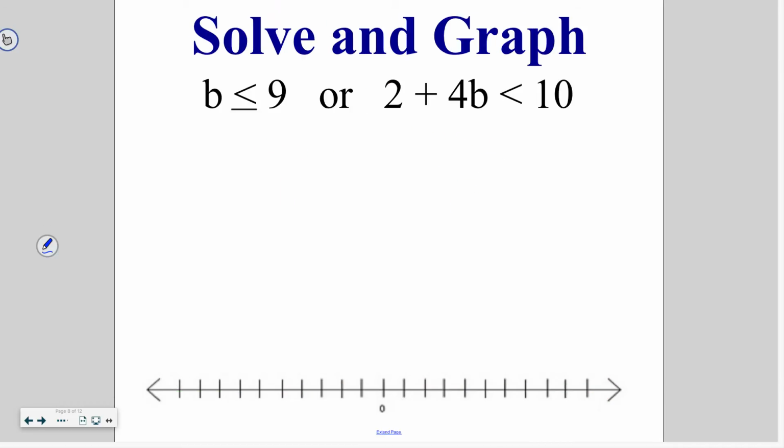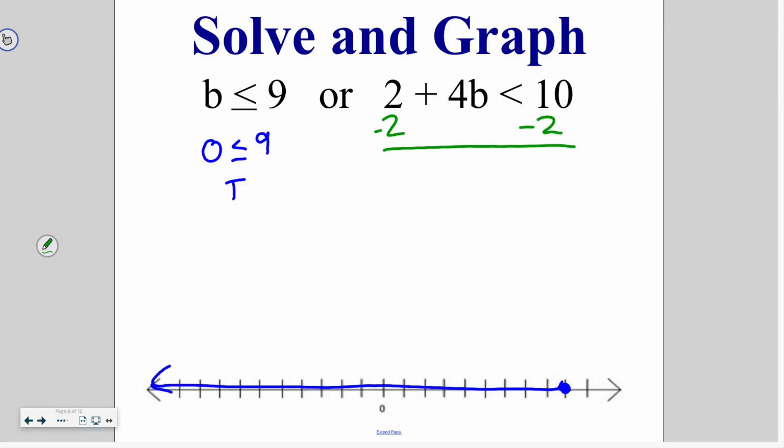So if we are solving and graphing, this first one doesn't actually need any solving. So I've got 0 is less than or equal to 9 is a true statement. So I've got my point at 9. True statement. So we are going to the left. The other inequality we're actually going to have to solve.